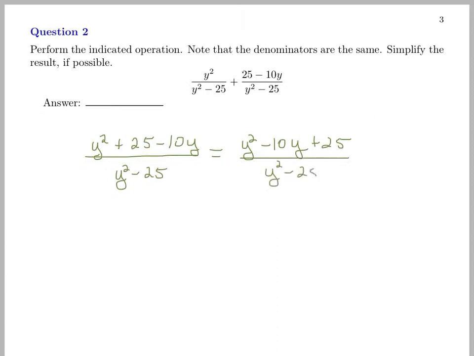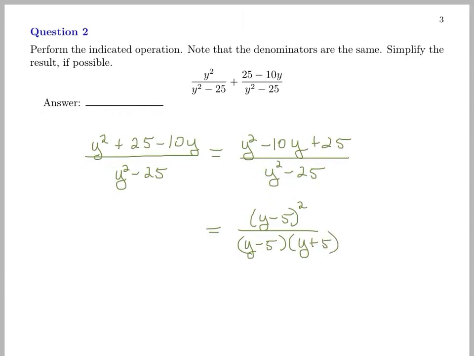And then we notice that both the numerator and the denominator factor. So the numerator factors into y minus 5 squared, and the denominator factors into y minus 5 times y plus 5.